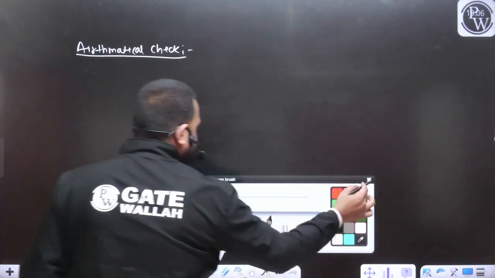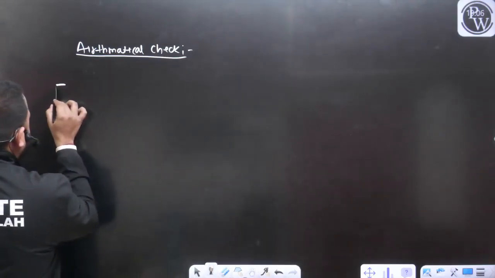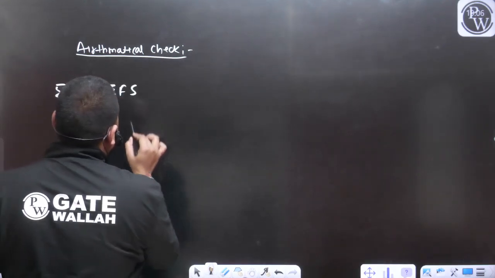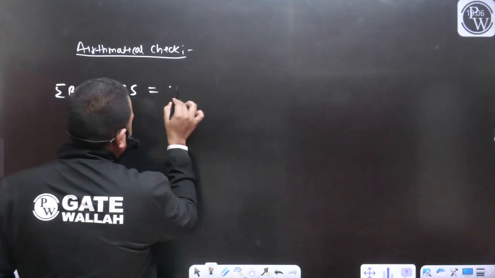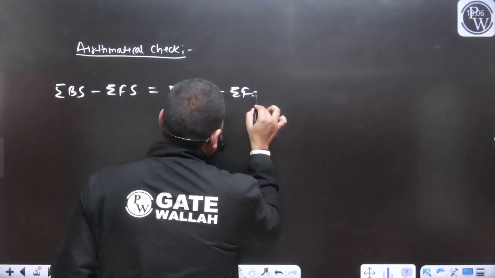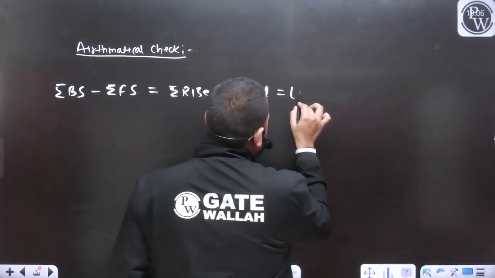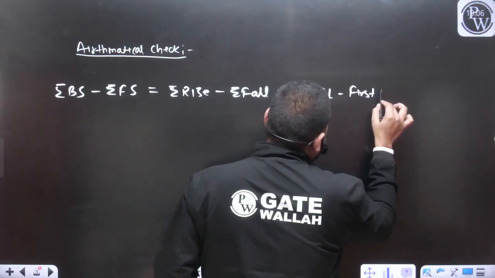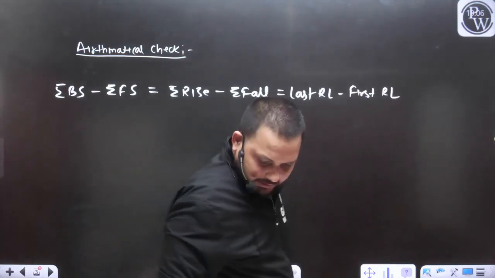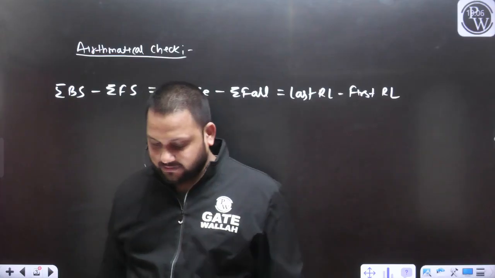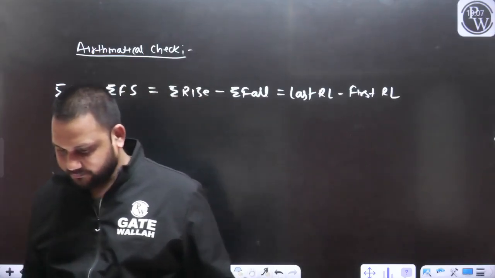The arithmetical check will be: algebraic summation of all the backsights minus algebraic summation of all the foresights should be equal to algebraic summation of rise minus algebraic summation of fall, and it should be equal to the RL of the last point minus the RL of the first point. Last RL minus first RL. Yes or no?